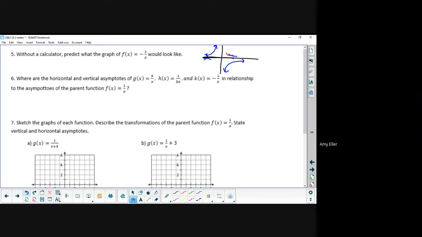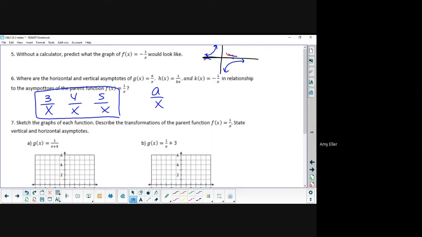6. Where are the horizontal and vertical asymptotes of, let's start with this first one. It says a over x. That's not a number. So I could say 3 over x or 4 over x. Do any of these graphs have different asymptotes from one another? No. Right?